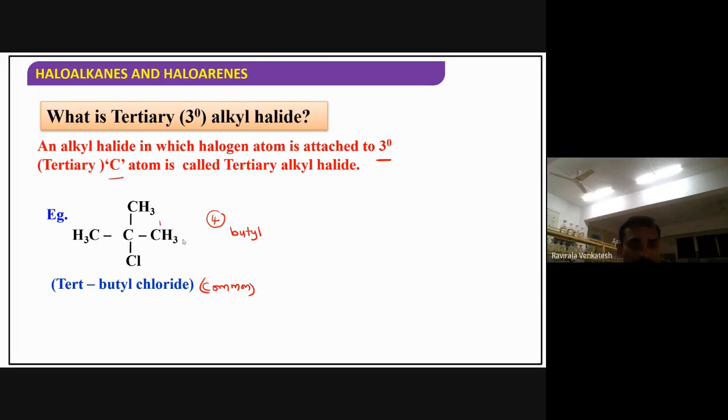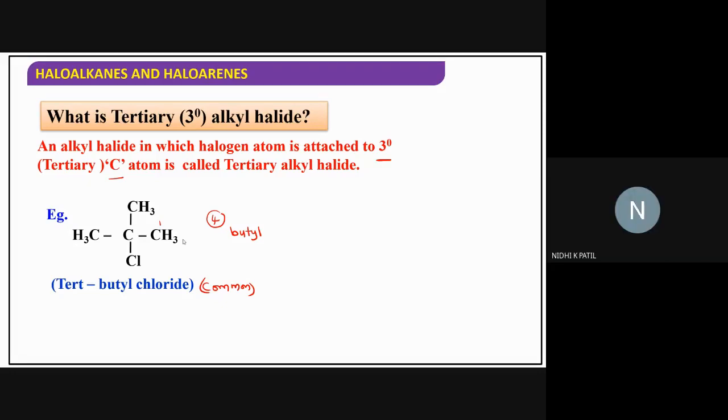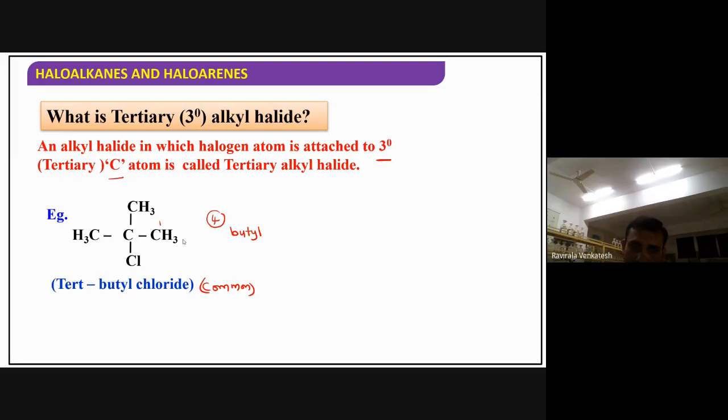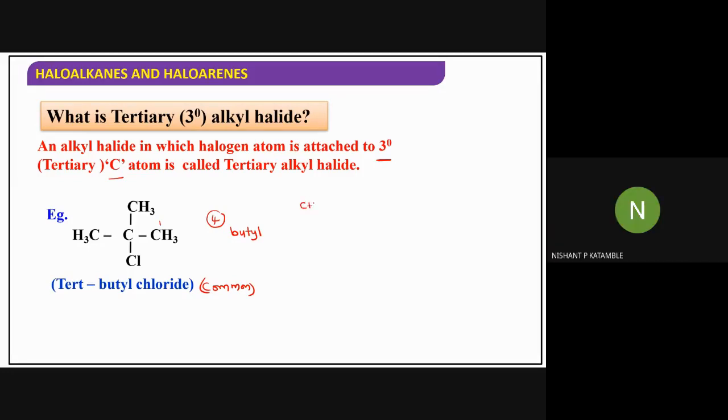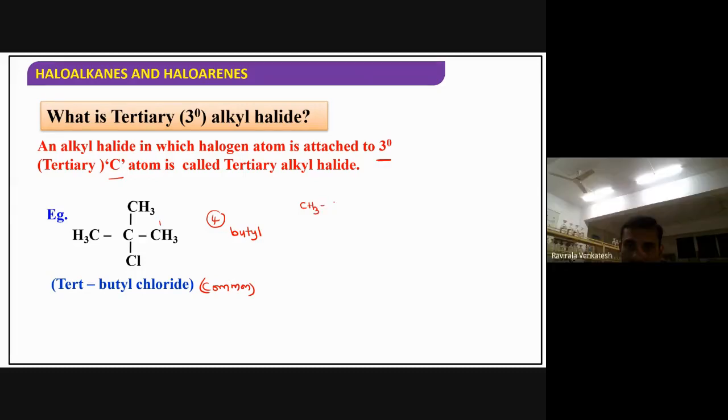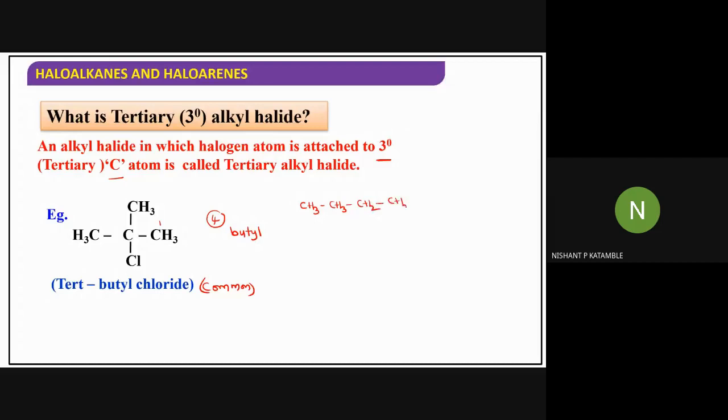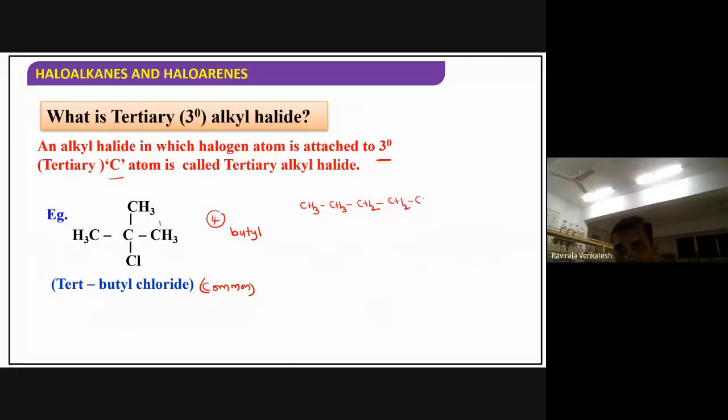What is the IUPAC nomenclature? Chlorobutane. Chlorobutane means this one. This is the 2-chlorobutane. Listen to me.